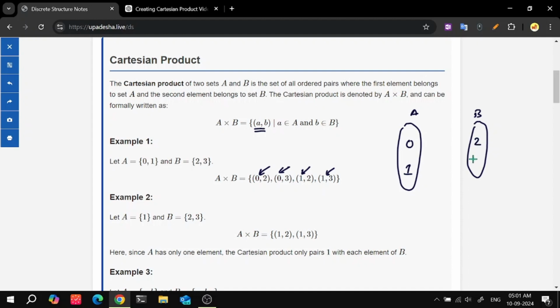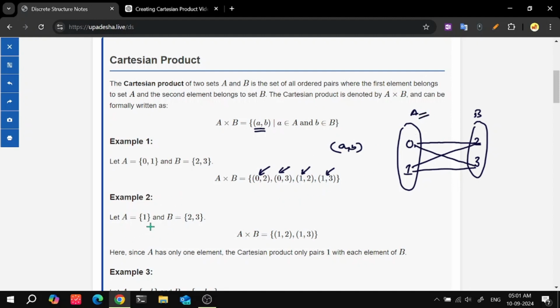B contains 2 and 3. Now I can write the ordered pairs (0, 2), (0, 3), (1, 2), (1, 3). So we list all the possibilities of (a, b) from both the sets.